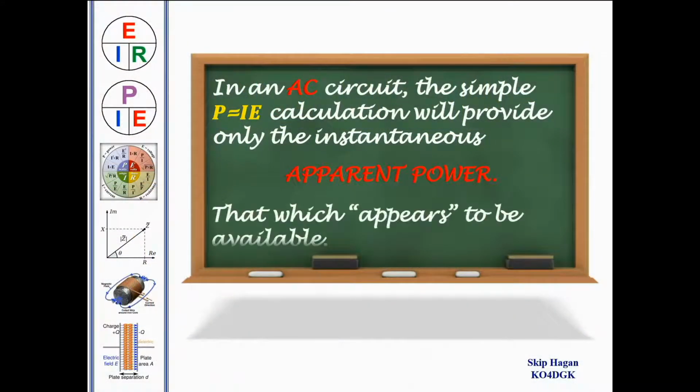In an alternating current circuit, the simple P equals IE works fine to give us an instantaneous value. And that result that we get using P equals IE is apparent power. That's the power that appears to be available to do work.